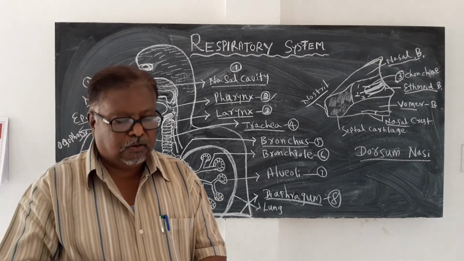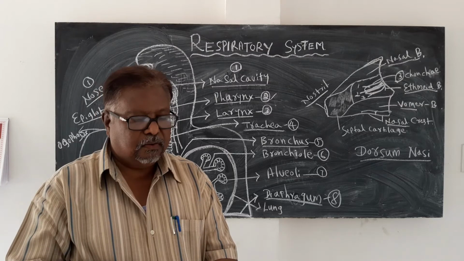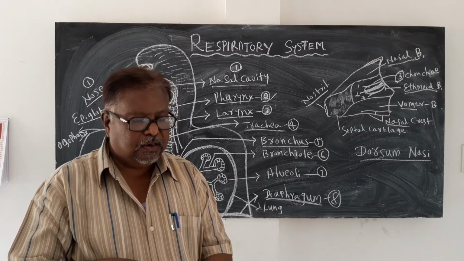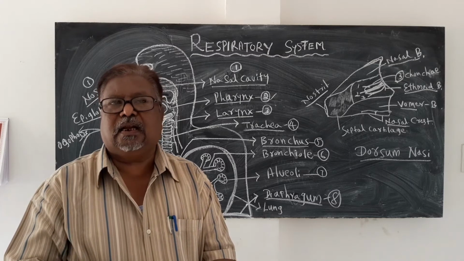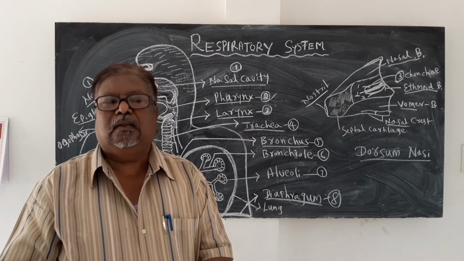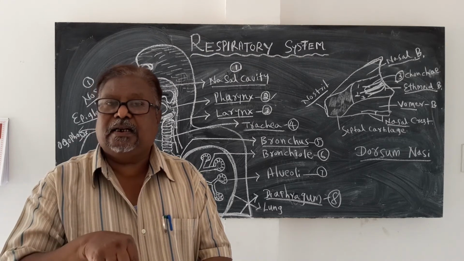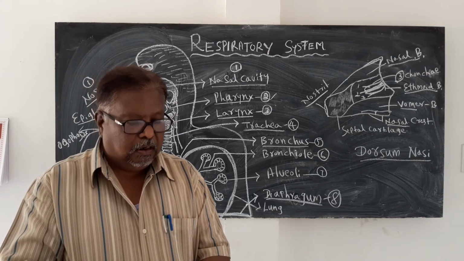Air enters the pharynx via posterior nares, or internal nares, which is the end of the nasal cavity. So at the end of the nasal cavity there are posterior nares, wherein the air enters the pharynx through these nares.